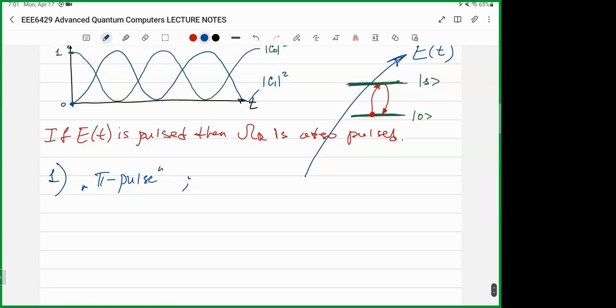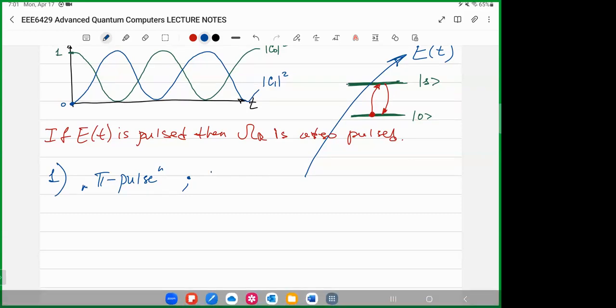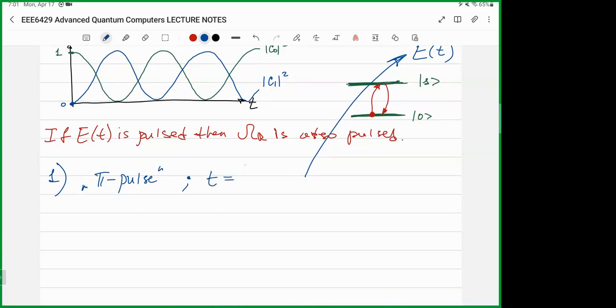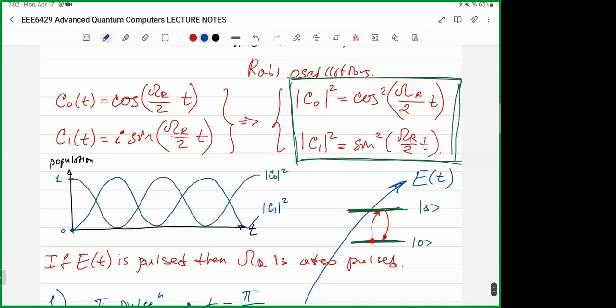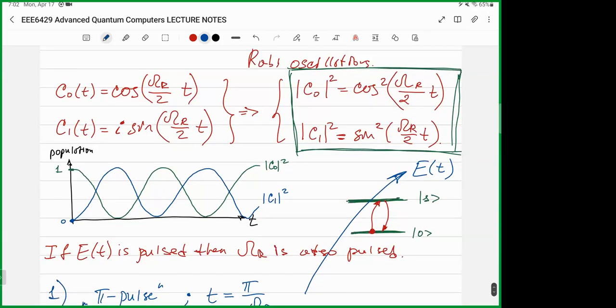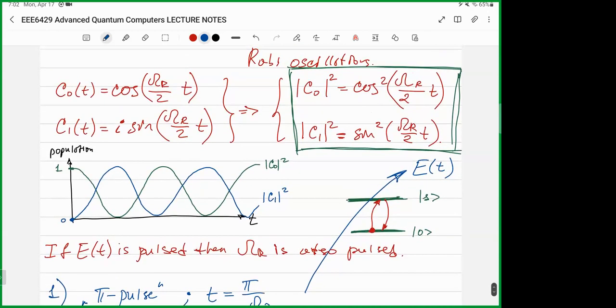For the pi pulse, I excite my system by a pulse with a duration t that equals pi over omega R. So if I go up to these equations and put t equal to pi over omega R, I will get cosine squared of pi over 2, which gives me 0. And for the sine, I will get 1.